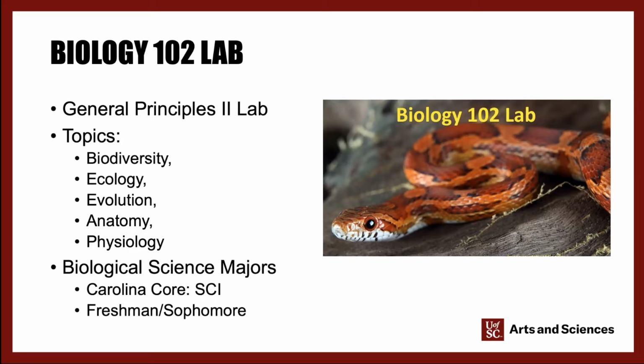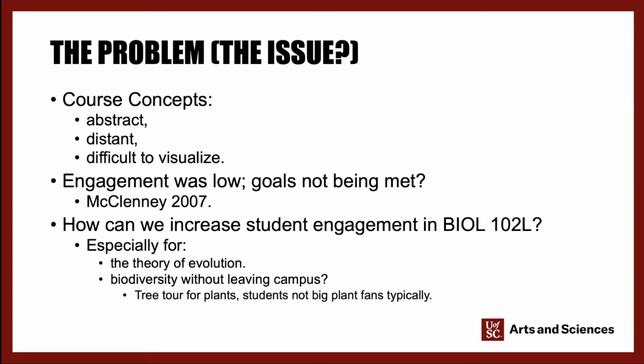We noticed that some students were having issues with some of the topics that we went over, especially the topic of evolution. Students start to zone out. They don't fully comprehend the concept.